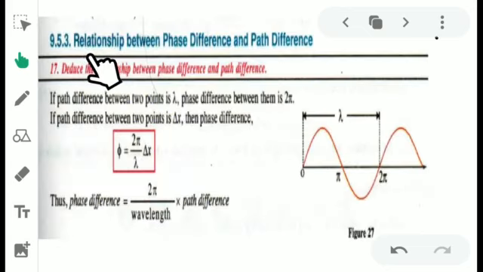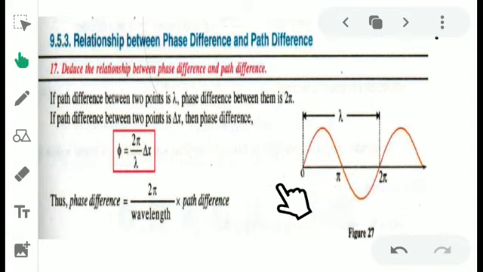What is the relation between phase difference and path difference? We have seen the phase difference when the waves interfere constructively and destructively. Here lambda is the path difference and the phase difference is 2 pi. You know that one complete wave motion is the wavelength, lambda, and the complete circular motion is 2 pi.